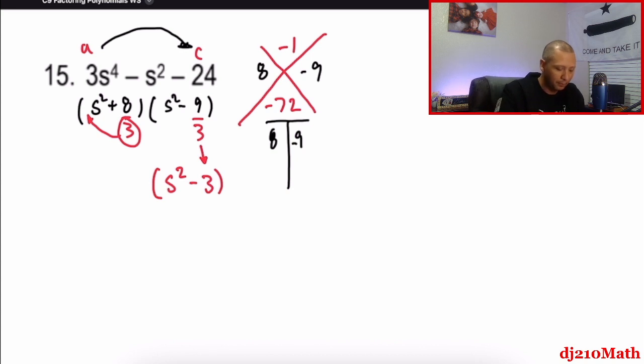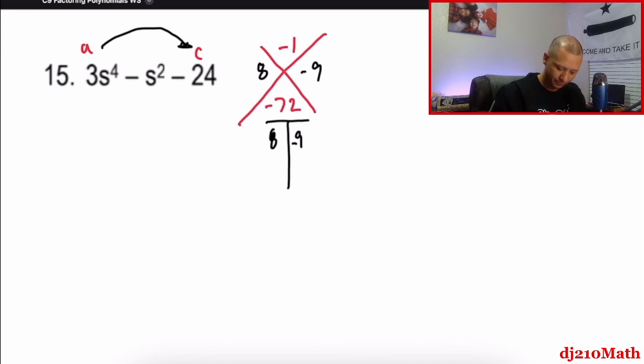So I'm essentially just moving it up. That's what we teach, or it's what I teach. So this is going to be 3s squared plus 8. Now let's say you're like, hey, wait a minute. I don't like that. That's not cool at all. Okay, I got you. Check it out.